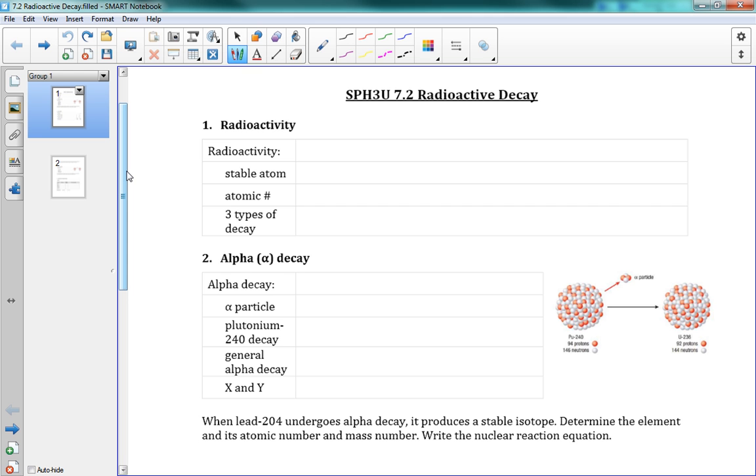So first off, we're talking about radioactivity, and that is when the nucleus of an atom spontaneously disintegrates.